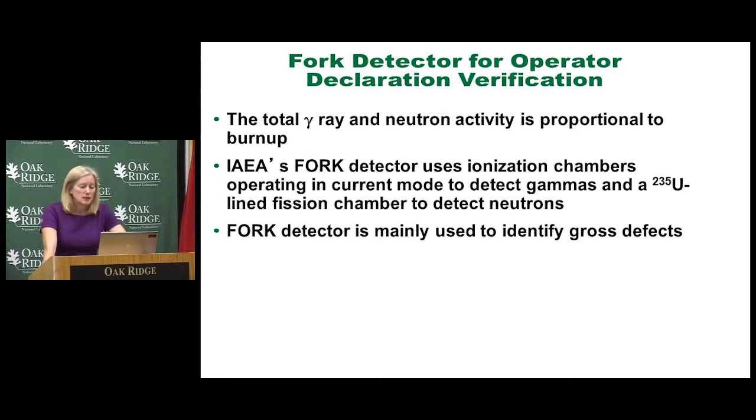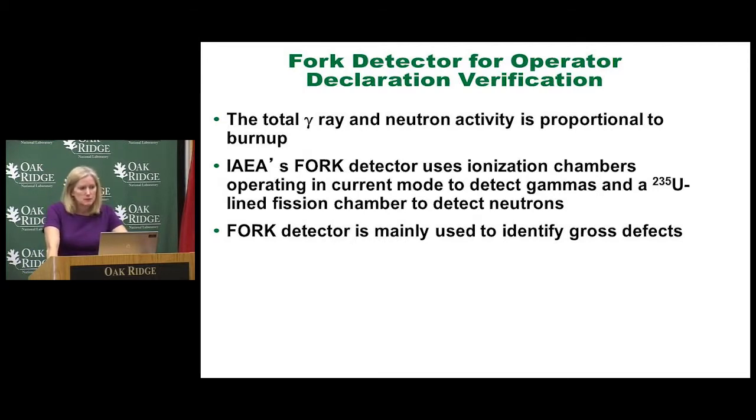So what I'm going to talk about now is a little bit about what the IAEA currently measures in spent fuel. And most of the time, the IAEA relies on operator declarations. That is reported to the IAEA, and the IAEA will go out and verify that, but mostly by reviewing records.